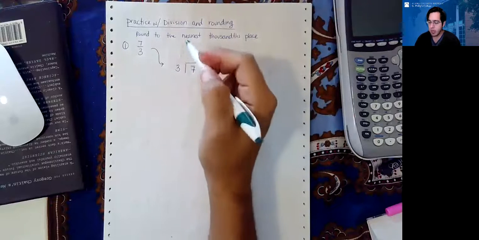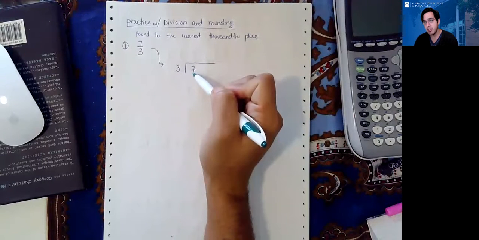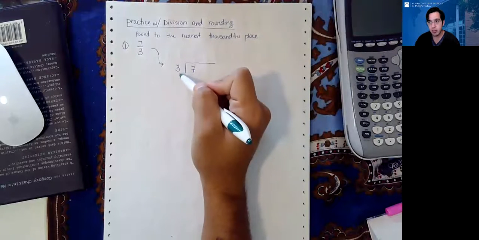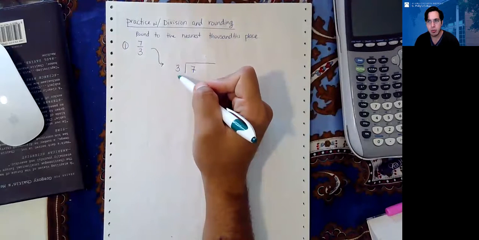Now, we could start our division off and say, how many times does 3 go into 7? Should it be 0? Well, 3 is large enough that it can go into 7 a couple of times. So maybe 1. Well, 3 times 1 would be 3. Can we get a little bit closer to 7? 3 times something else? 2.